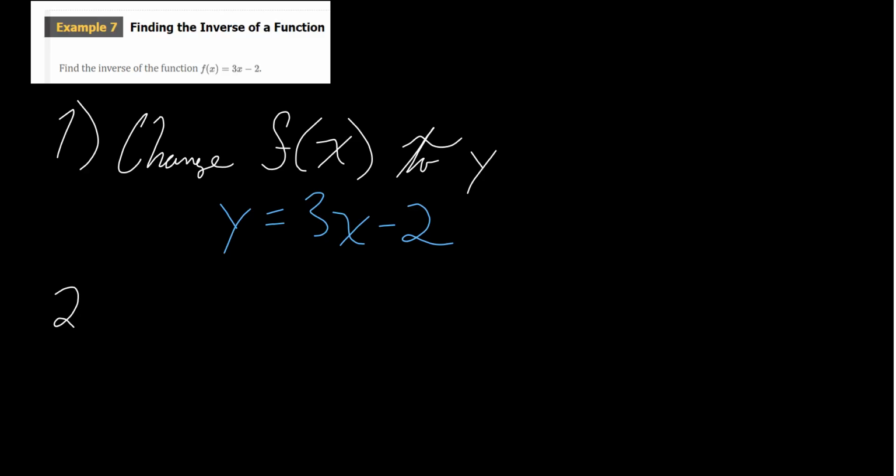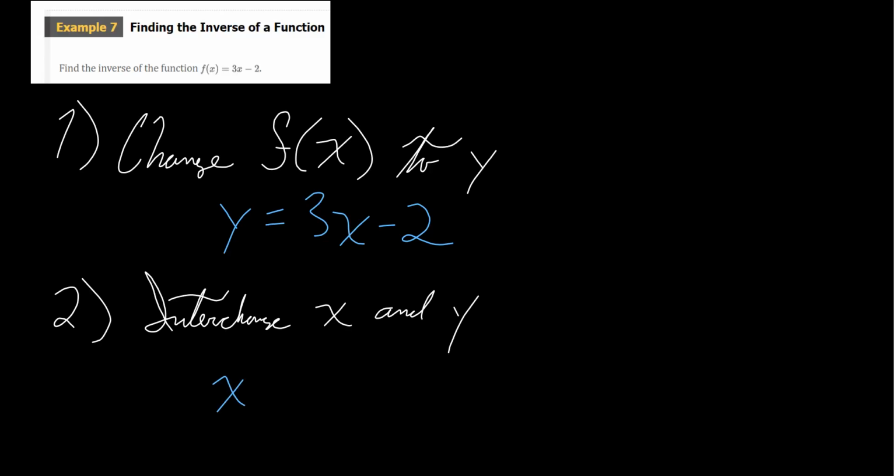Step 2, we interchange x and y. So it's going to look like this now: x is equal to 3y minus 2. And we're going to go to step 3, which will be on the next page.